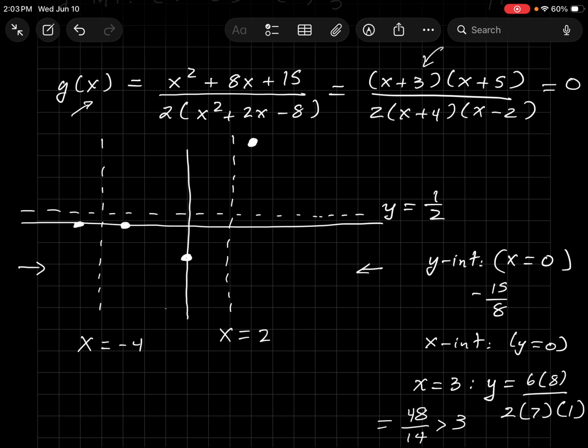And let's start graphing the outer parts. My graph is trying to imitate 1 over x or negative 1 over x. So that part must look like this. And then across from it, it must look like this.